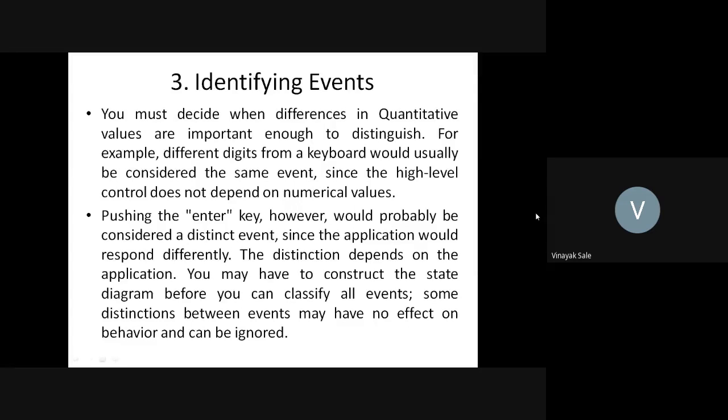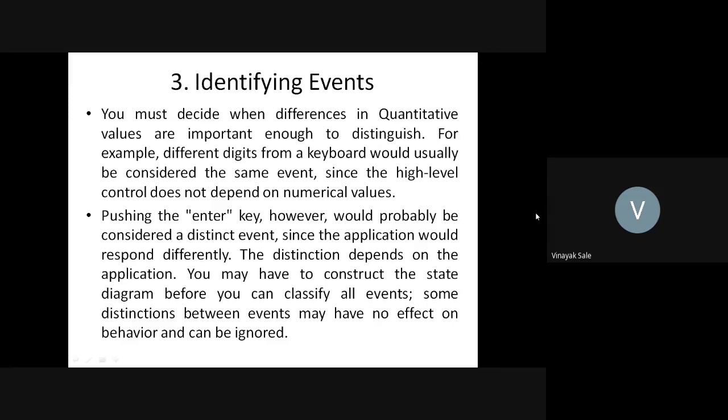So you must decide when differences in quantitative values are important enough to distinguish. For example, different digits from a keyboard would usually be considered the same event since the high level control does not depend on numerical values.